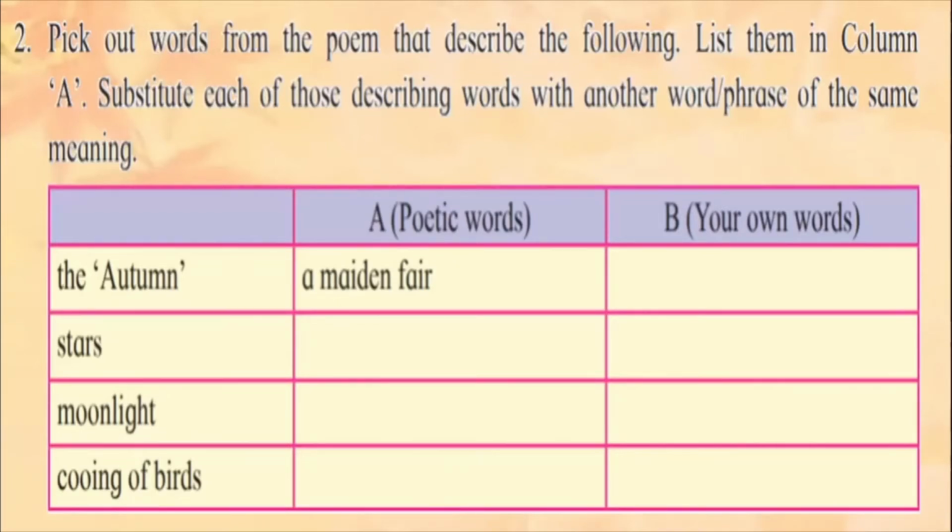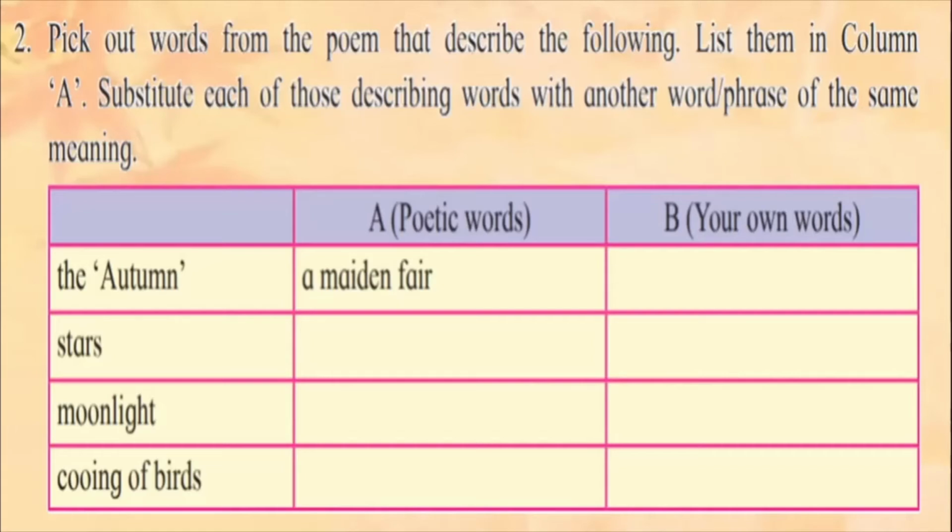So the autumn. In the words of the poet, autumn is like a fair maiden, or a beautiful young girl. Now your own words. Now I will tell you what I feel about it. You are supposed to write your own ideas. These are my ideas that I'm sharing with you. You could have your own idea also.